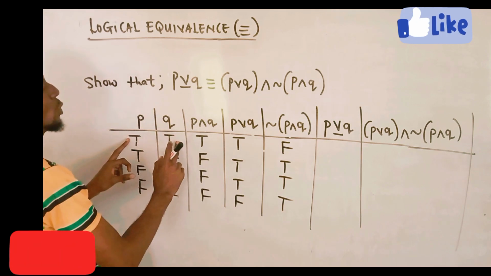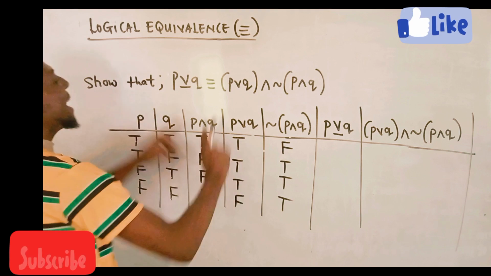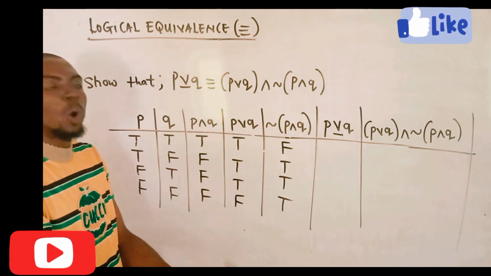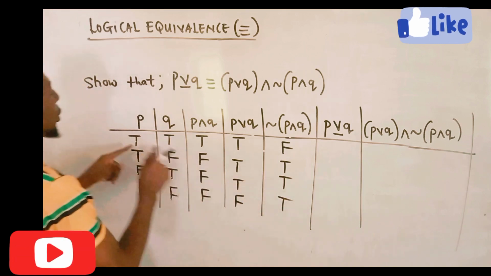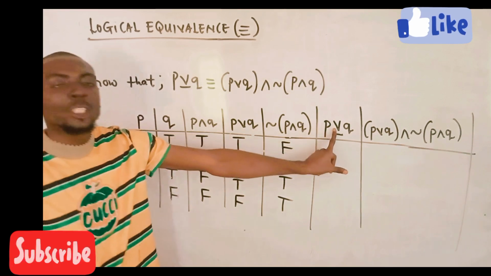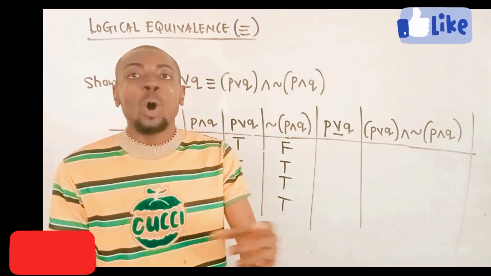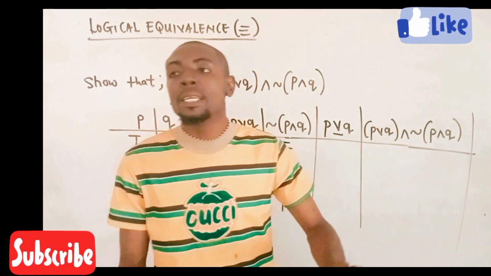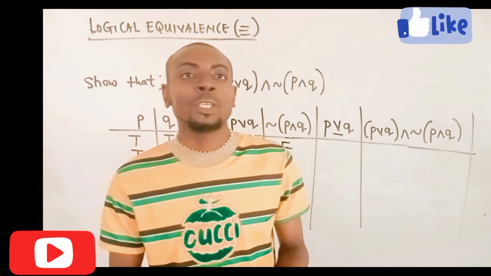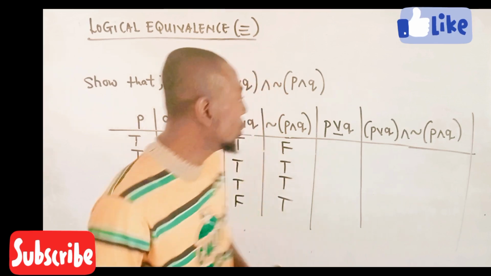But truth or truth, under normal or, is truth, while under exclusive disjunction, or exclusive or, truth or truth has to be false, because the meaning of exclusive disjunction is either P or Q, but not both. So it is false when both are truth under exclusive disjunction.